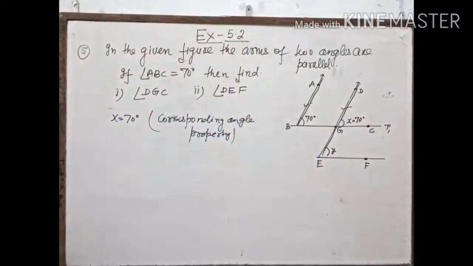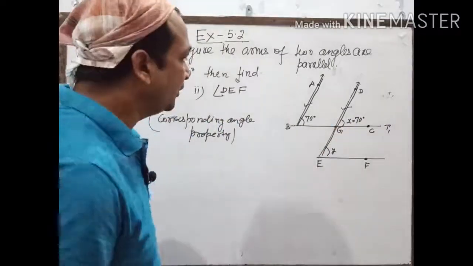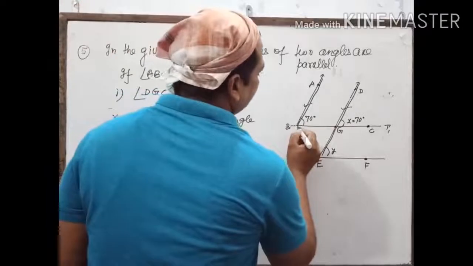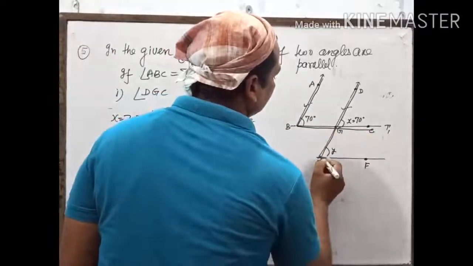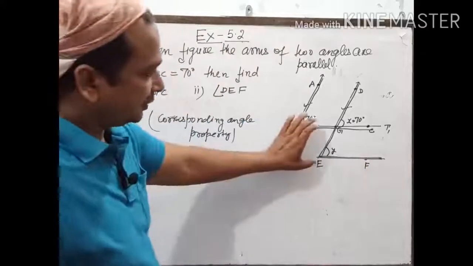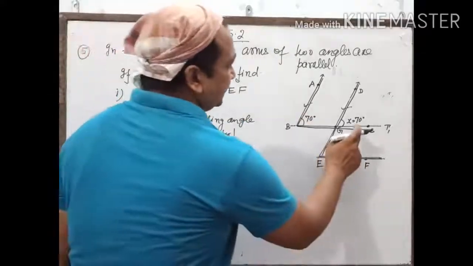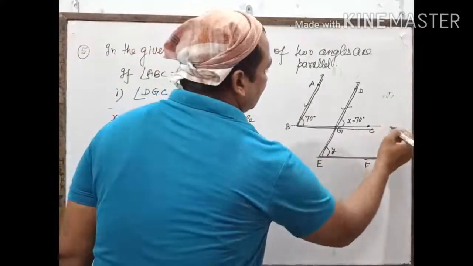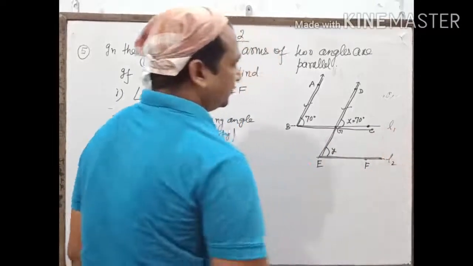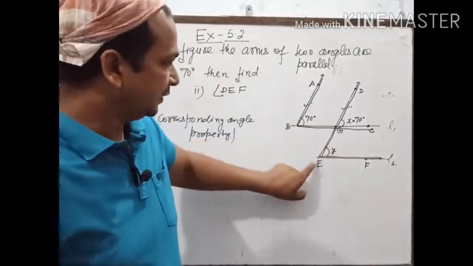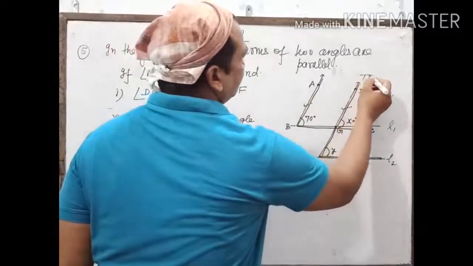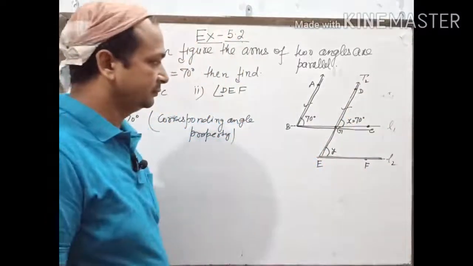Now that we got 70 degrees, we concentrate on the other two parallel arms. Here this is parallel to this. If we take these two as intersected lines, then DE will be the transversal.